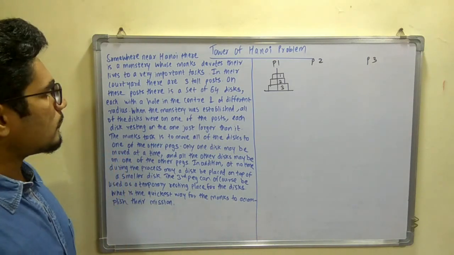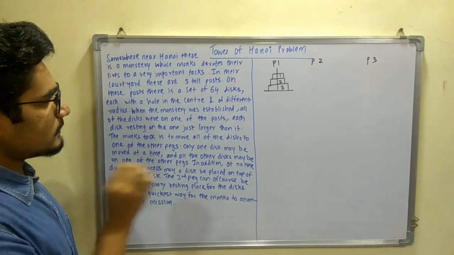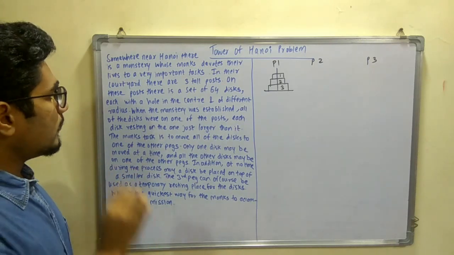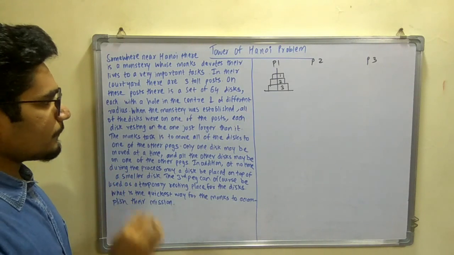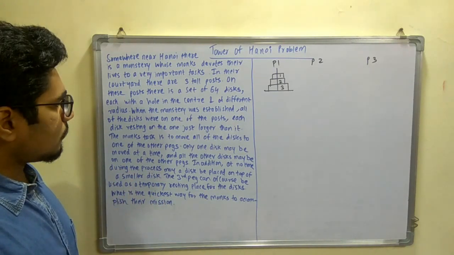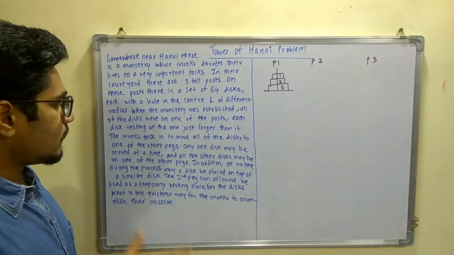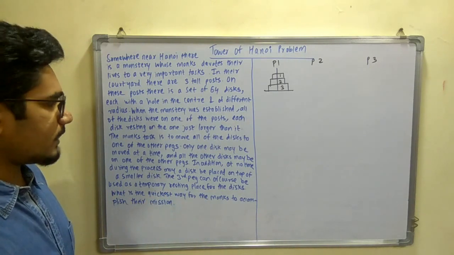In their courtyard, there are three tall posts. On these posts, there is a set of 64 discs, each with a hole at its center and of different radius. When the monastery was established, all the discs were on one of the posts, each disc resting on the one just larger than it.